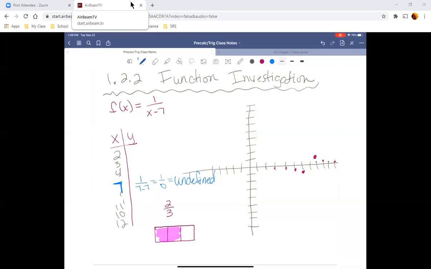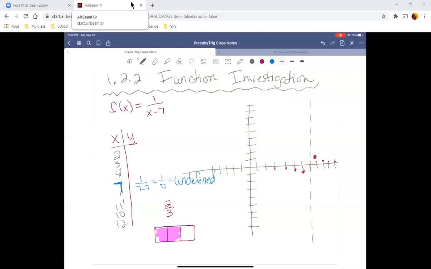So what that means on our graph is, if we go to plot, we know functions are continuous and they like to keep going. But when I get to where x equals 7, it's undefined. So I'll never be at 7. So we draw a dotted line for x equals 7, and if we're talking about x equals something, it's going to be a vertical line.